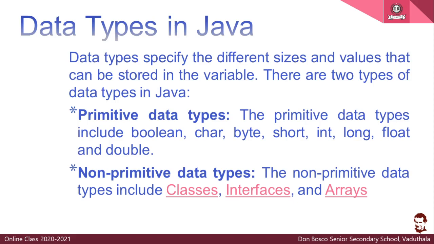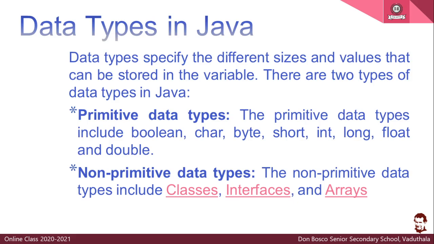What is a non-primitive? With the help of primitive types, we can create another data type, that is a user defined data type. The non-primitive data types include classes. So we can create one class. Inside a class we can declare a number of primitive variables, and the size will vary. What is the reason?